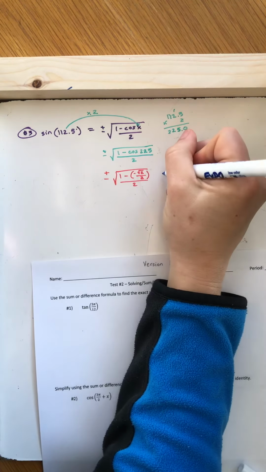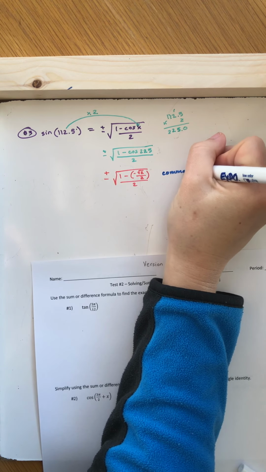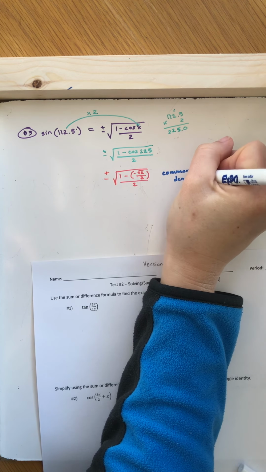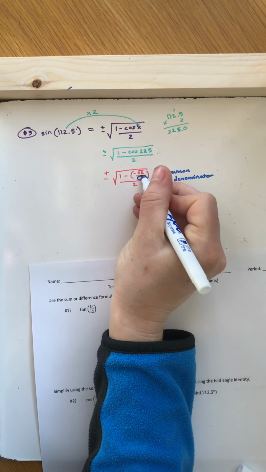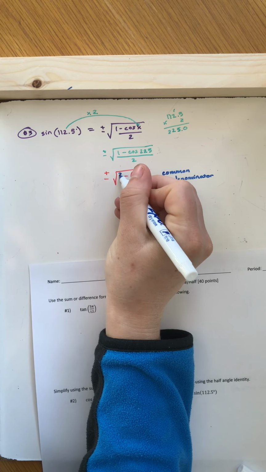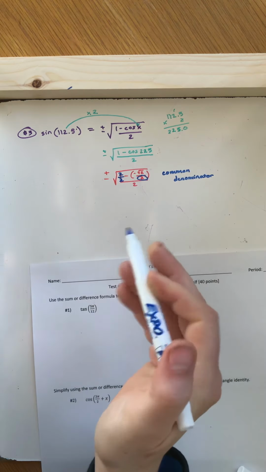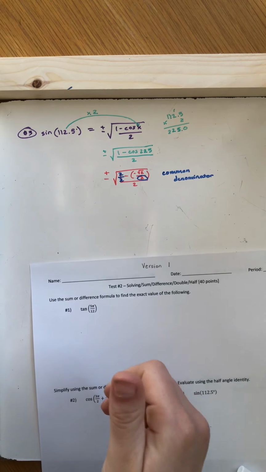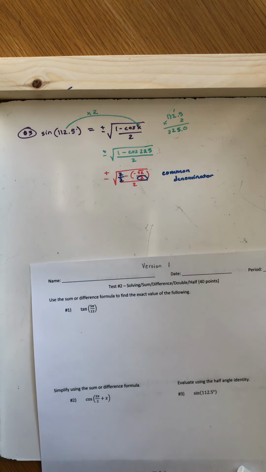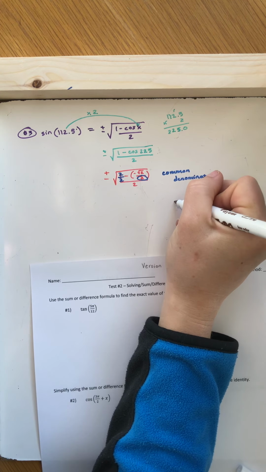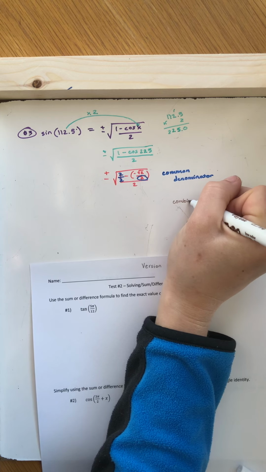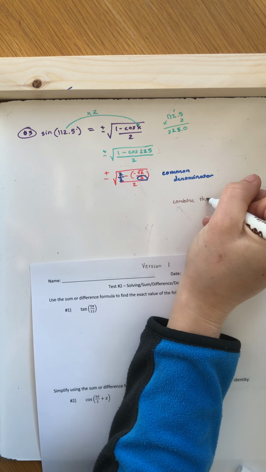And we go through our steps. We have to first find a common denominator. So this denominator is 2, so I'm going to change my 1 to be 2 over 2. The next step, we were calling it squish it together, but it's really combine the fractions that are in the numerator.